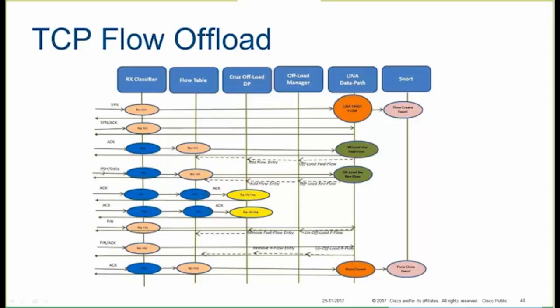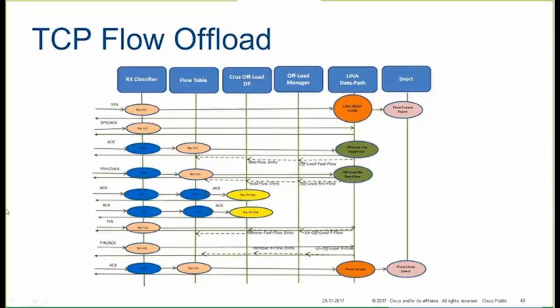Similarly, when we receive the reverse flow, it comes back to the RX classifier, it doesn't find the reverse flow, and then it sends it to Lina, which adds the flow offload entry. So in UDP traffic, you would basically see only something like the ACK, push data, ACK packets that you see in the case of TCP. We do not really have any control packets in the case of UDP.